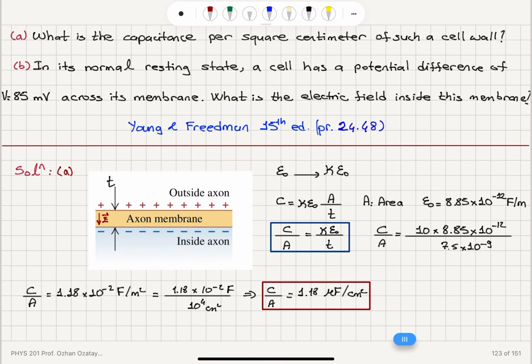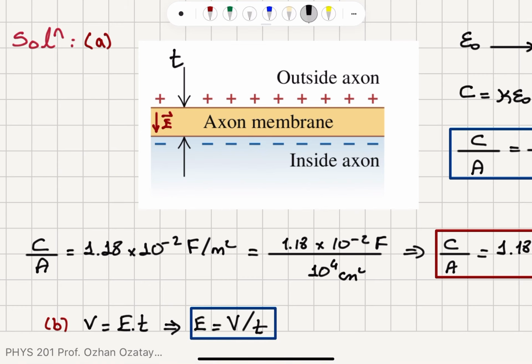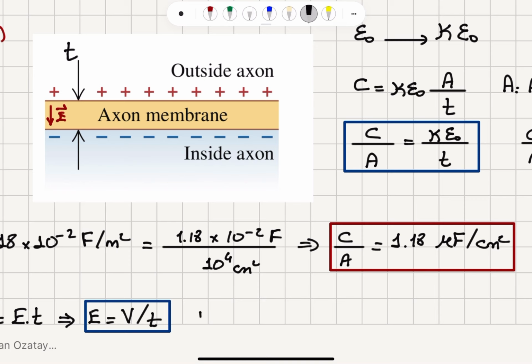Now part B is asking the electric field inside this membrane. So in part B, the potential difference between the plates is the electric field multiplied by the thickness, as we have seen in the previous problems. So the electric field magnitude is the potential difference V divided by the separation distance T. So here I have an electric field magnitude.